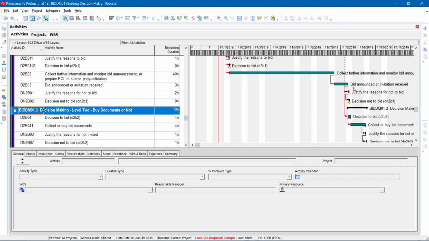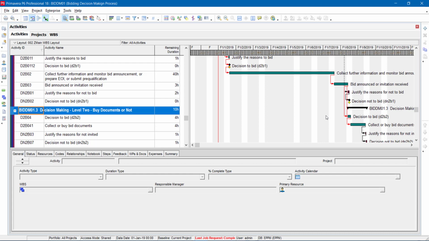When you receive the invitation or bid announcement, you read it and from it you take an immediate decision, yes or no. For example, the invitation might tell you the delivery is within 3 weeks, 2 weeks, 1 week, 1 month, and you think you are not ready, so you decide not to bid immediately because there is not enough time.